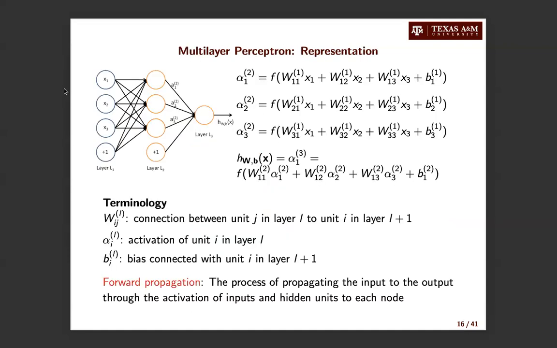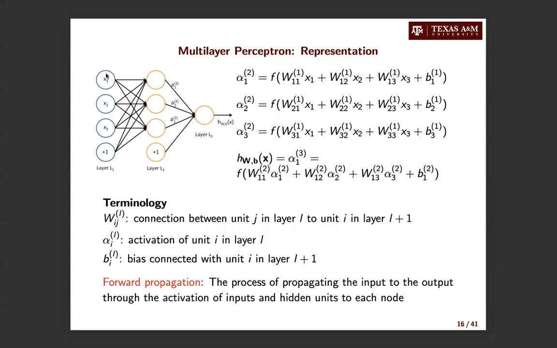Now, from this qualitative description, we can also provide a more computational description of the representation of the multi-layer perceptron. And as part of this computational description, we have our input features, in this case, X1 through X3. And we have the weights that are being represented by the weight vector W, the weight variables W. So weight Wij is the weight that connects unit j of layer L to unit i of layer L+1.